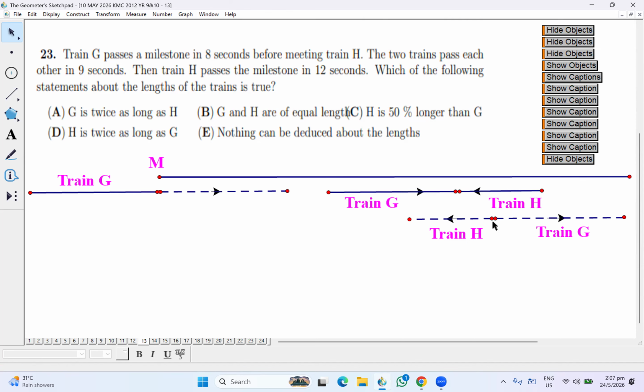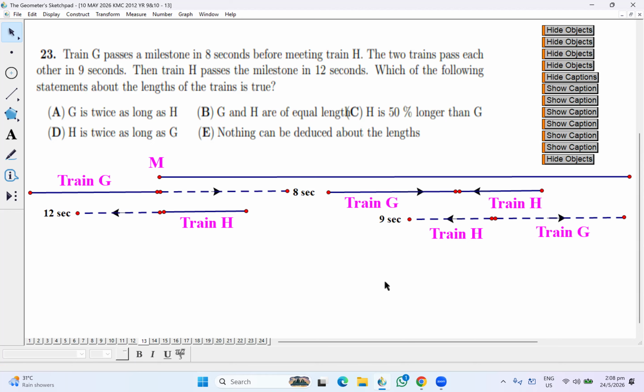This one is 9 seconds. Then the last part, train H passes the milestone in 12 seconds. So train H is slower. Takes 12 seconds. Now, I label the time first. So we got 8 seconds, 9 seconds, and 12 seconds.